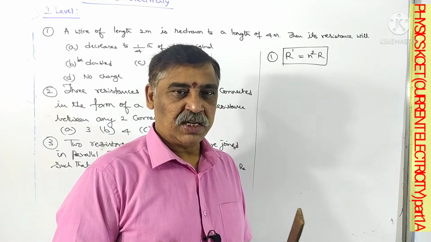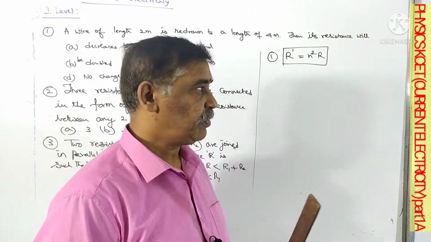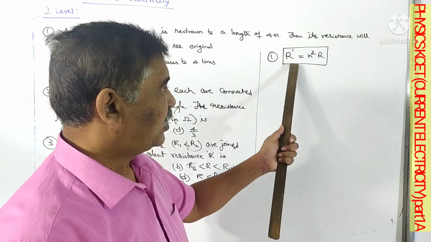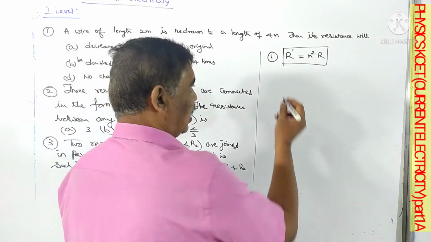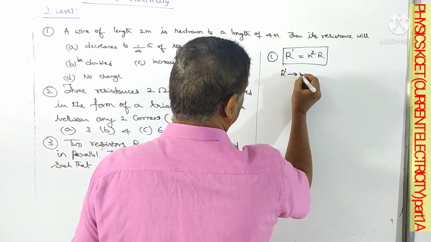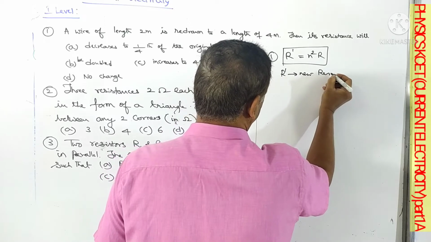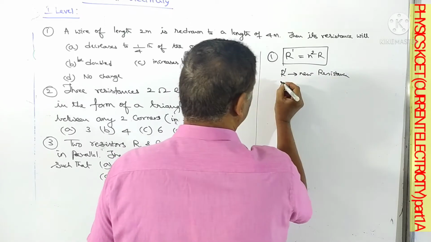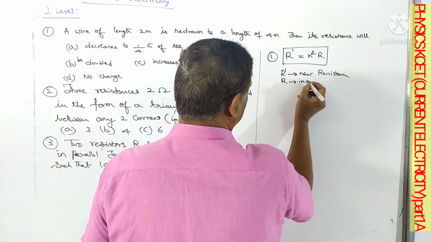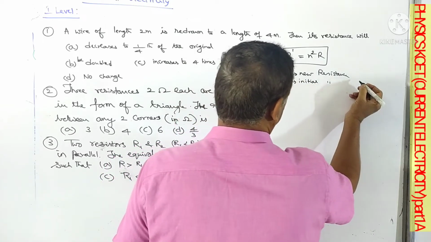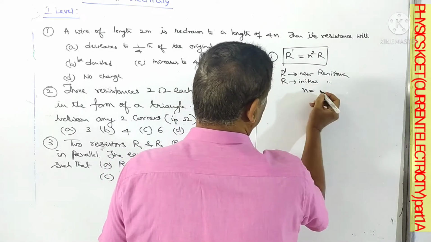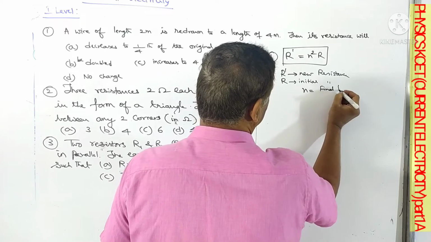This type of question has appeared several times in previous papers. R dash is new resistance, R is the initial resistance. Then n is equal to final length divided by initial length.